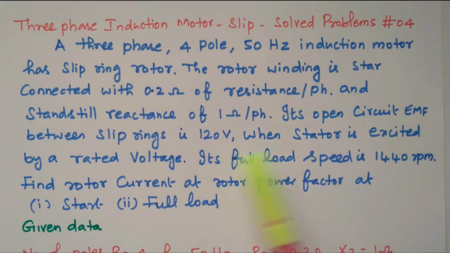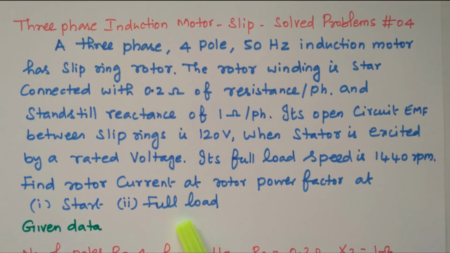Its open circuit EMF between slip rings is 120 volts. When the stator is excited by the rated voltage, its full load speed is 1440 rpm. Find the rotor current and rotor power factor at starting as well as full load.